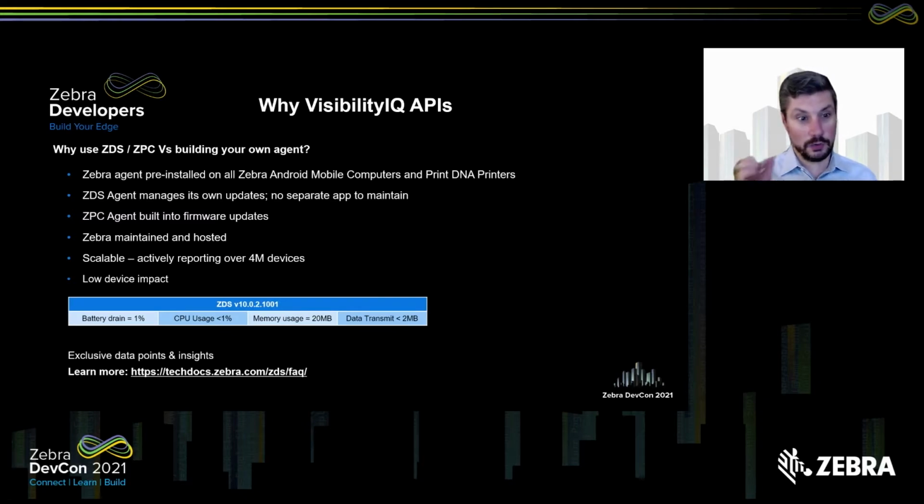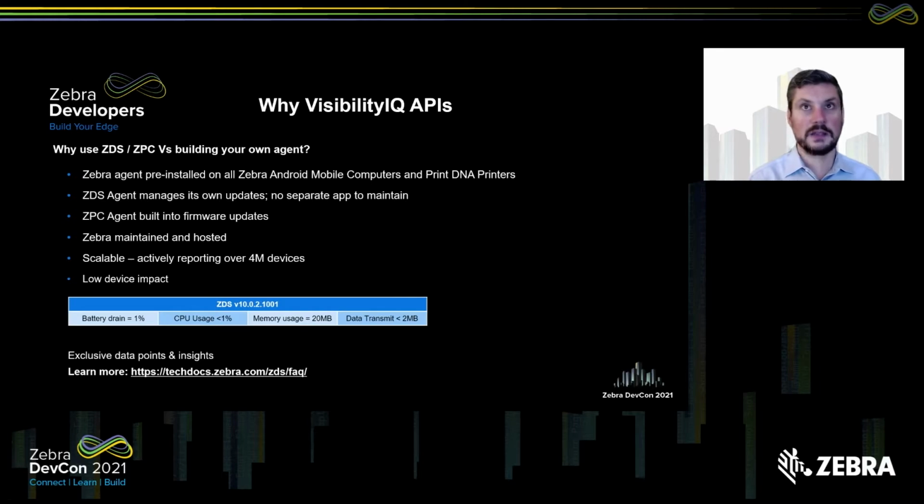The ZPC agent on the printers is tied directly into the firmware and updates that come through that. The mobile computer agent manages its own updates to make it easier and controls that on its own. These are then regularly updated by Zebra to make sure that they are always up to date.